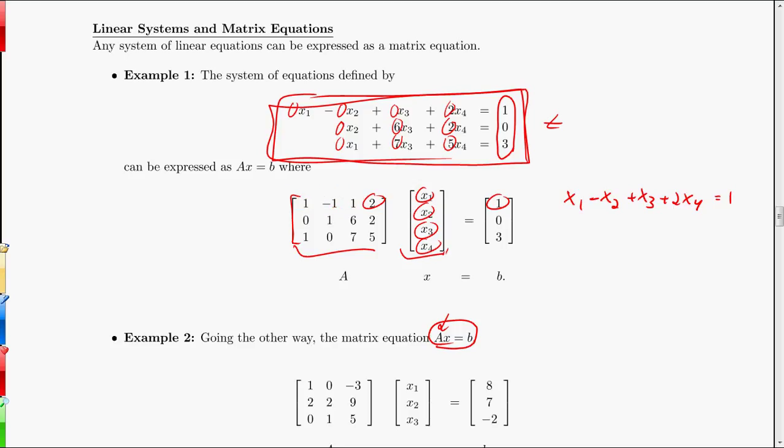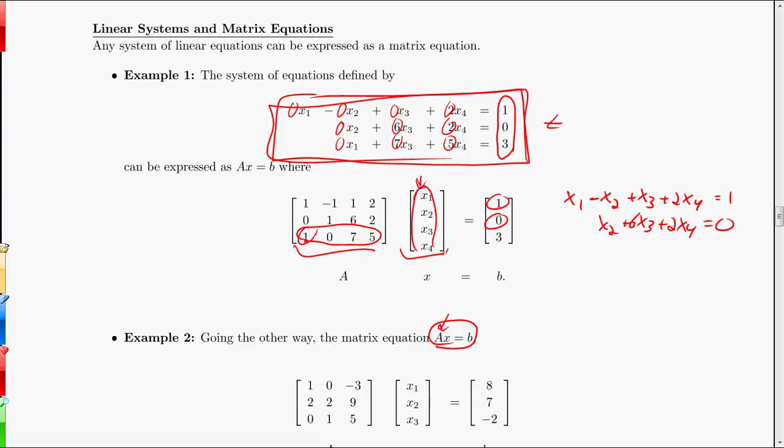If you continue the matrix multiplication, second row, first column, I'm going to get 0 times x1, so that's gone, 1 times x2, plus 6 times x3, plus 2 times x4, that has to be 0. Likewise, if you look at the third row, first column, I'm going to do this third row times really the only column, right?